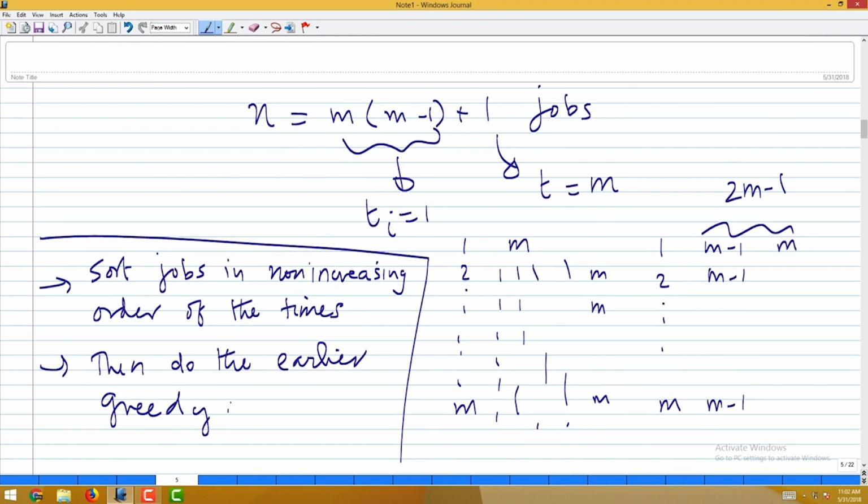This is an extra overhead of about n log n on the running time, but let us see what happens to the approximation ratio. Let us call this improved greedy.